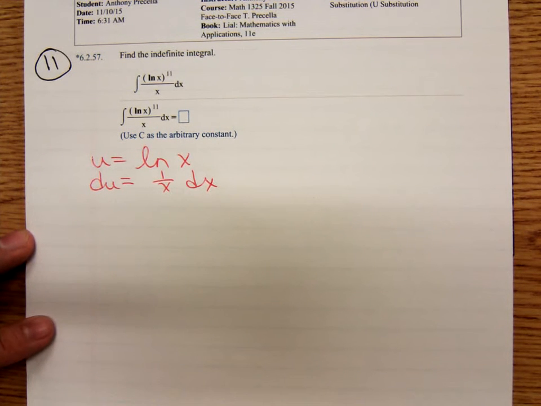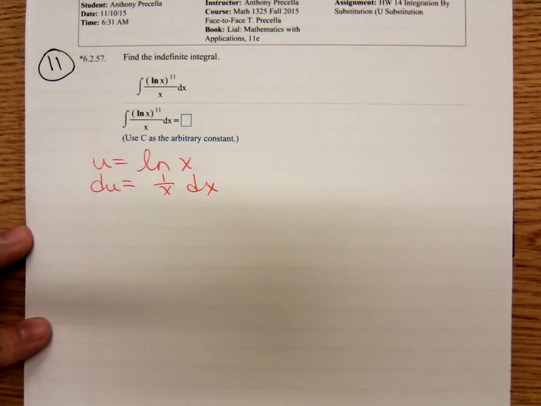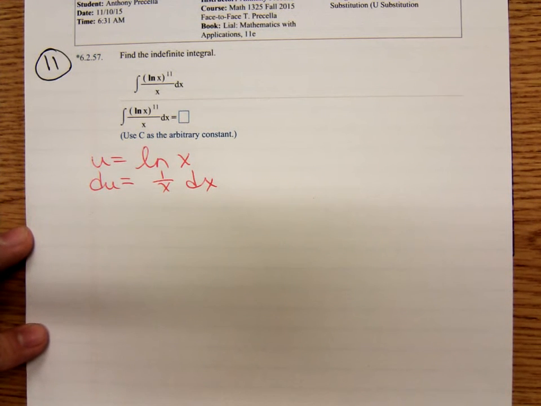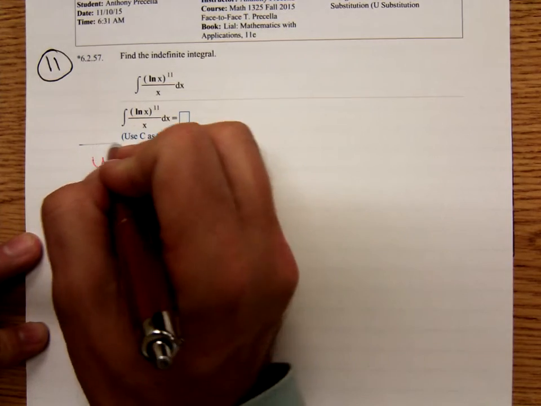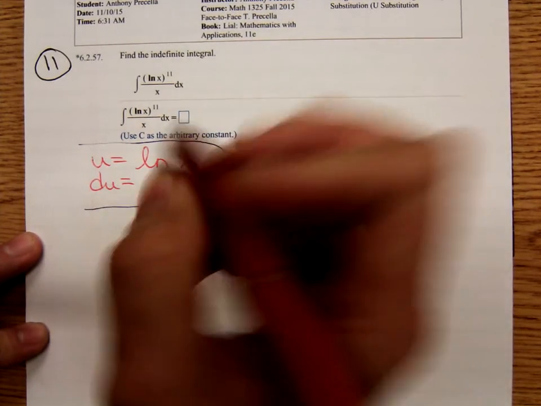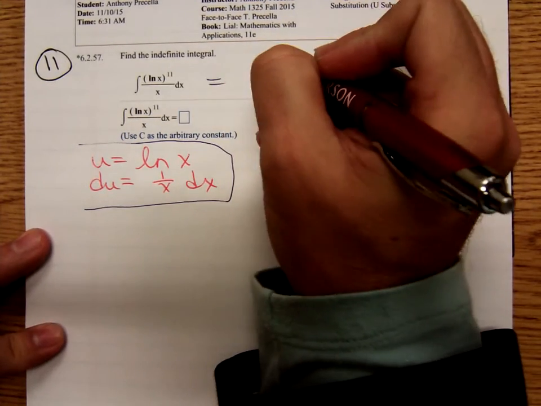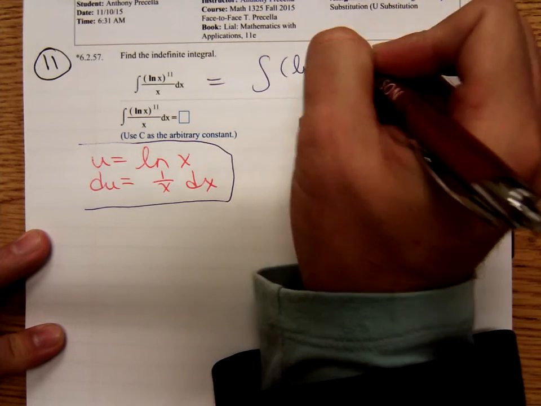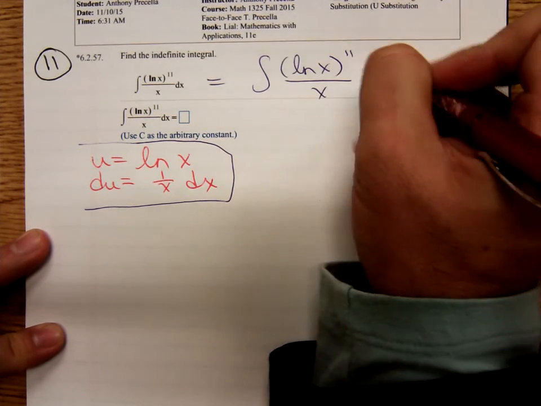And I think we've got it right here. Do y'all see it? Let me rewrite that. That's an ln x to the 11th all over x dx.